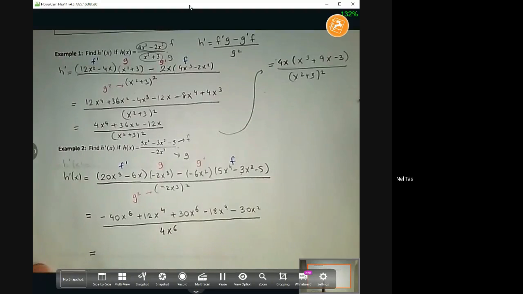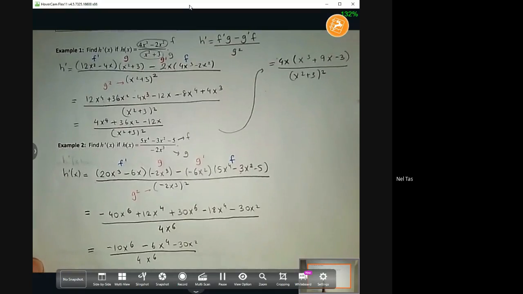So collect the like terms. We have negative 10x to the power of 6 minus 6x to the power of 4 minus 30x squared over 4x to the power of 6.